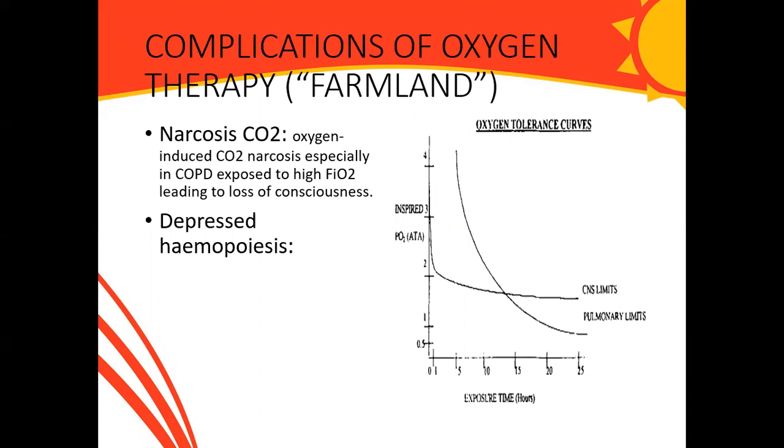I like this graph. I want you to take a look at it. It's a graph known as the oxygen tolerance curve, which shows the exposure time in hours over the partial pressure of oxygen that has been delivered.